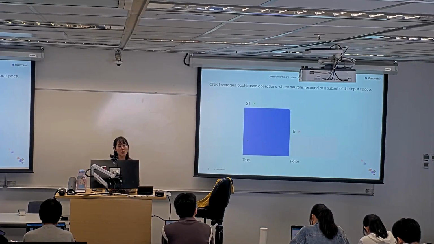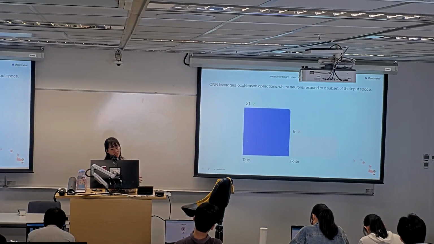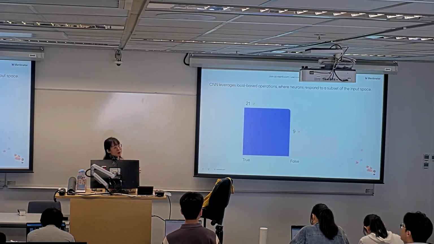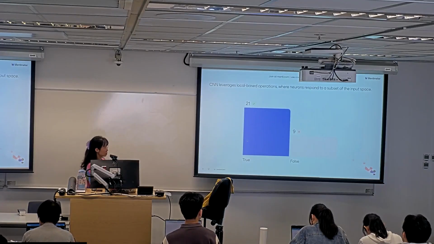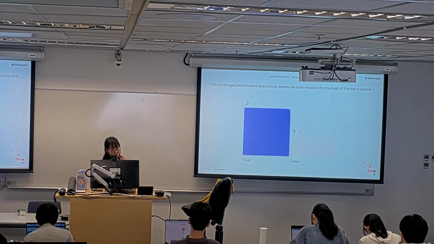In each computation of the image convolution, the kernel only responds to a subregion, depending on the kernel size, to get some output. So that's why this is true. Local-based operation, true, that's image convolution, and neurons respond to a subset of the input space, true. Basically, that's how we do image convolution.